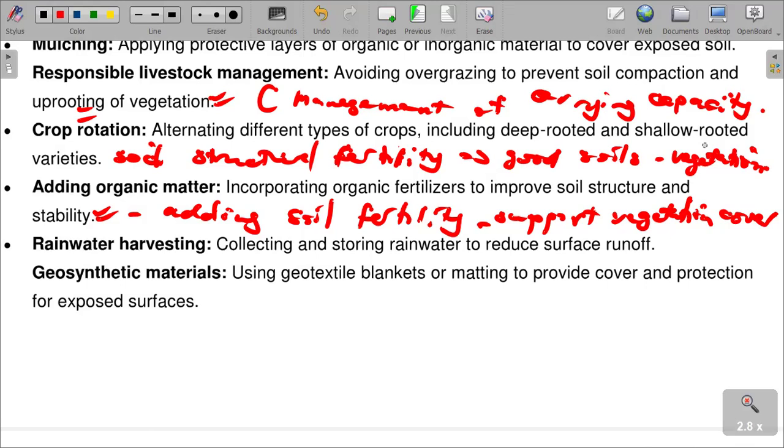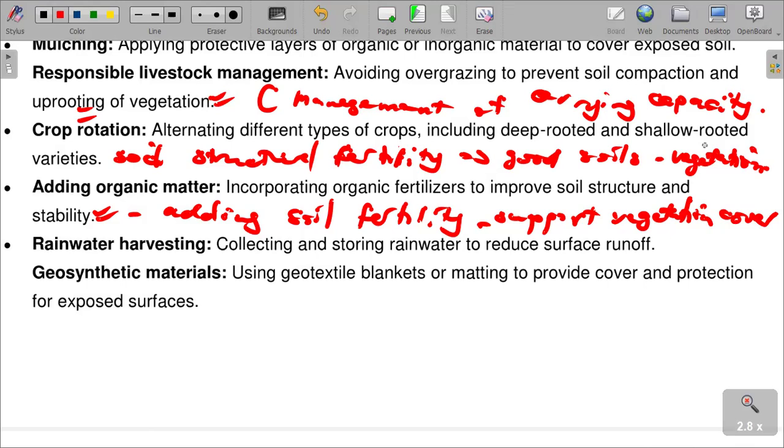Instead of making the water run off or drain along the land, it can be collected and harvested into JoJo tanks, or into some storage facilities, which at the end of the day reduces surface runoff.